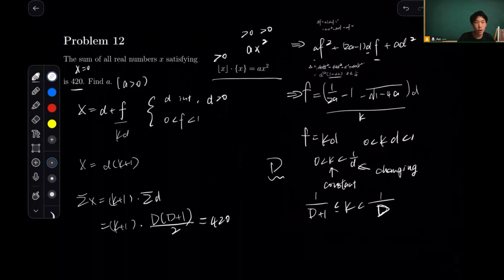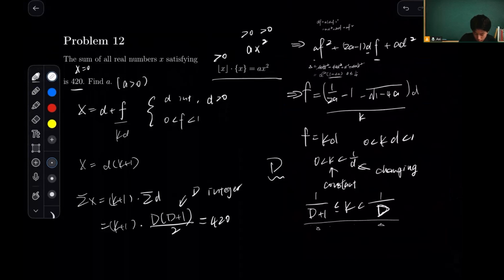Well, here it is not clear, because we only know D is an integer. This is all we know. That means solving this requires some integer evaluation, and meantime, it must also satisfy this requirement. So k cannot be an arbitrary amount. It must lie between these two values.